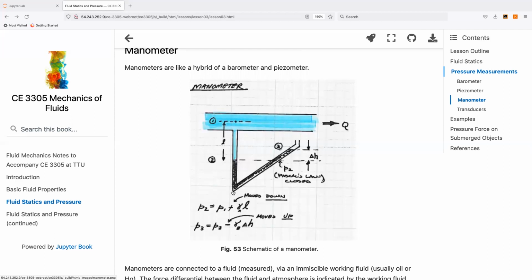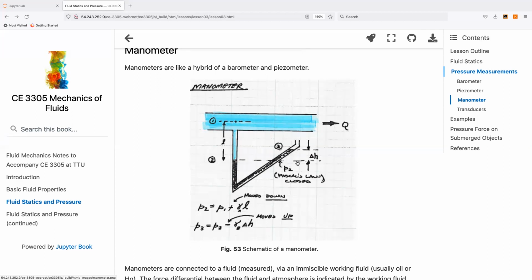And again, Pascal's law is what's being leveraged. And the pressure inside at point 1 is indicated by knowing the distance from point 1 to this side of the working fluid. And then the difference from this side to here is the pressure that's in the blue fluid.